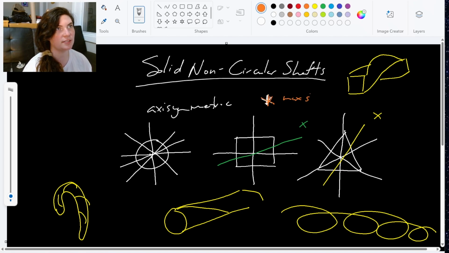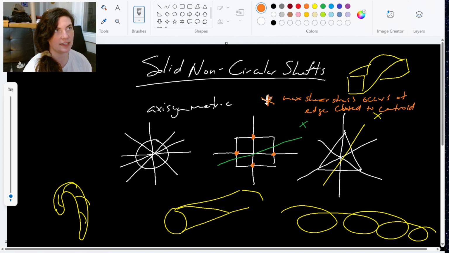The max shear stress occurs at the edge closest to the centroid. So what does that mean? The edge closest to the centroid. For a square, it's going to be this point right here, these points that are closest to the center of the shape.